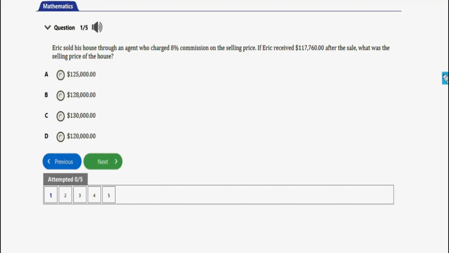So let's call the selling price of this house X. The commission is 8% of the selling price, which is X. We don't know the selling price. 8%, that's 8 over 100 of the selling price times X equals $117,760.